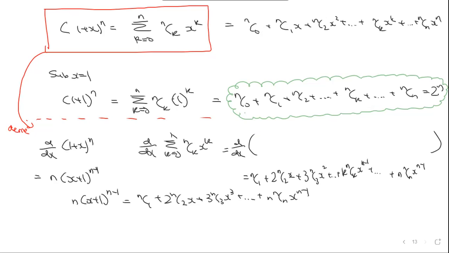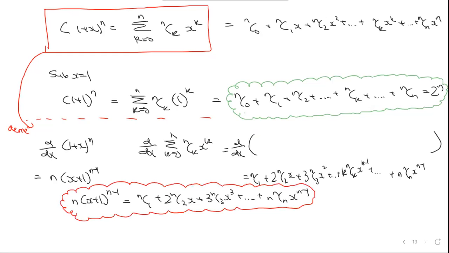This is my new identity. I have taken my initial identity and modified it, in this case derived it, to get another identity, which is still true. This is still true for every value of x, right?